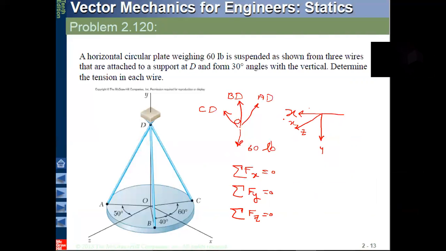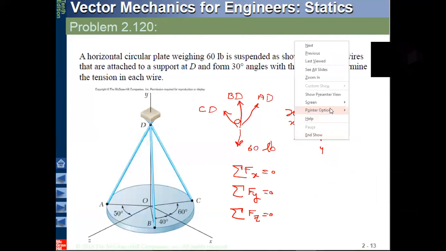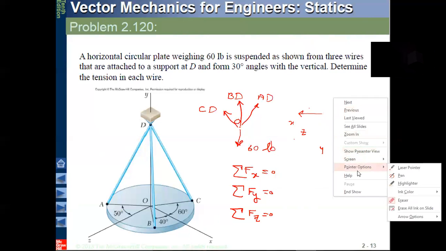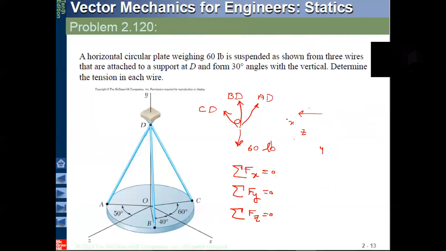This is actually the coordinate system x, y, and z.